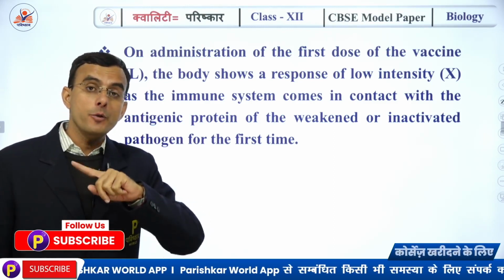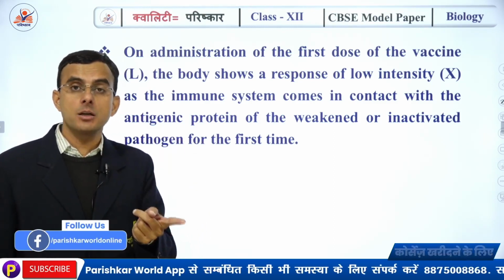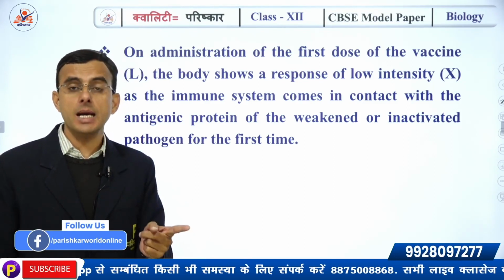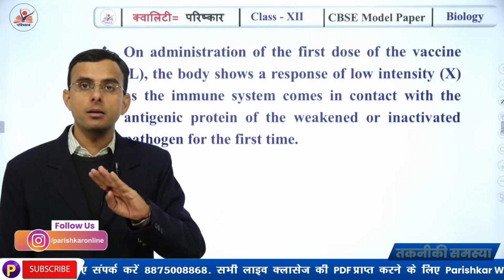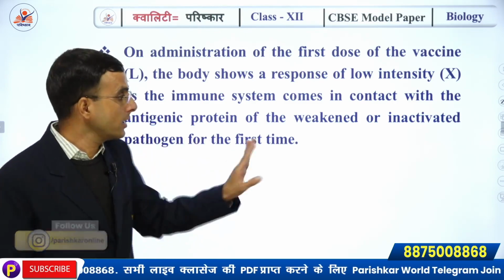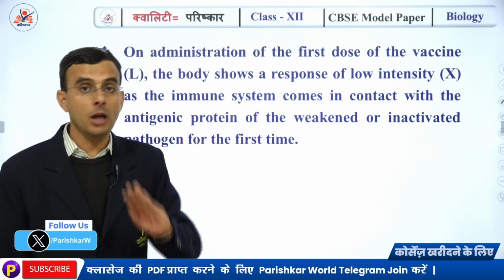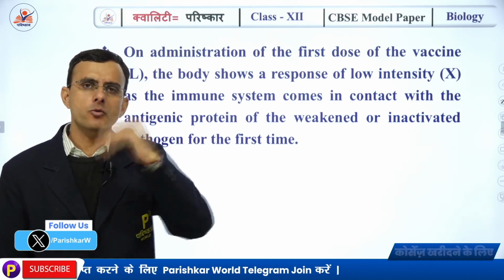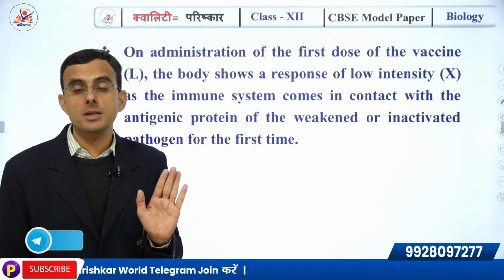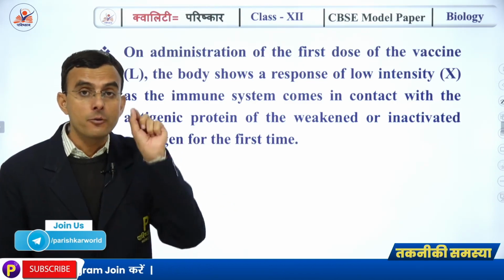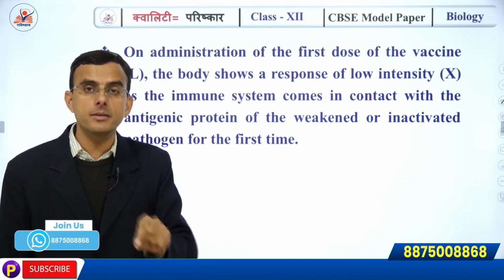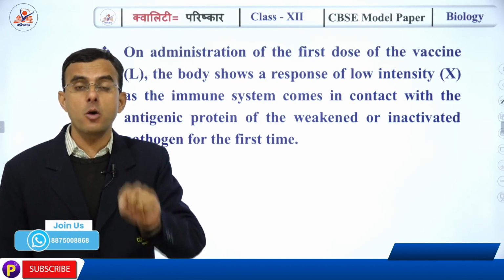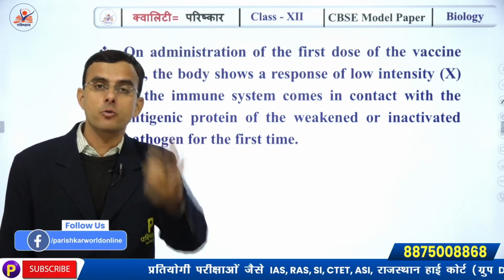Now if we provide that same vaccine in the form of a second dose, look at this one. These cells are already in contact with that particular antigen. Now they are able to recognize that antigen quickly, and when they recognize the antigen quickly, they are able to respond to it quickly.